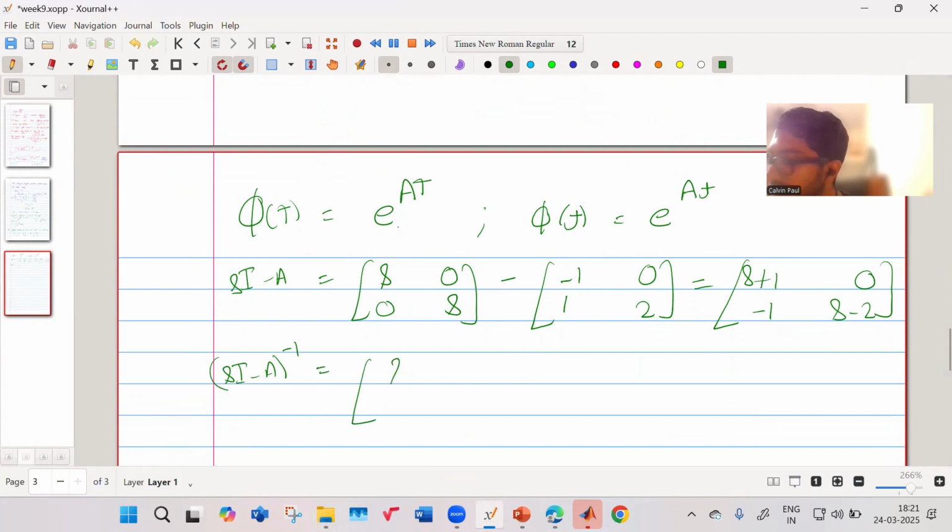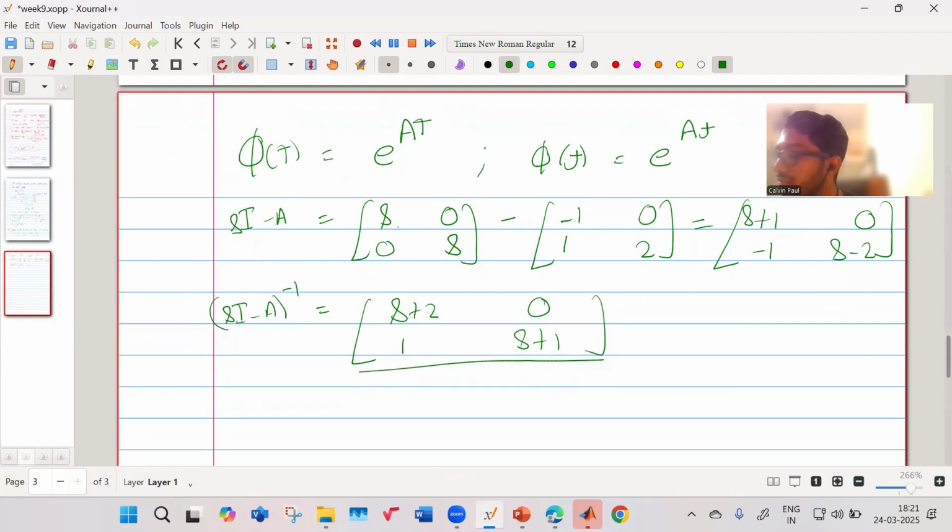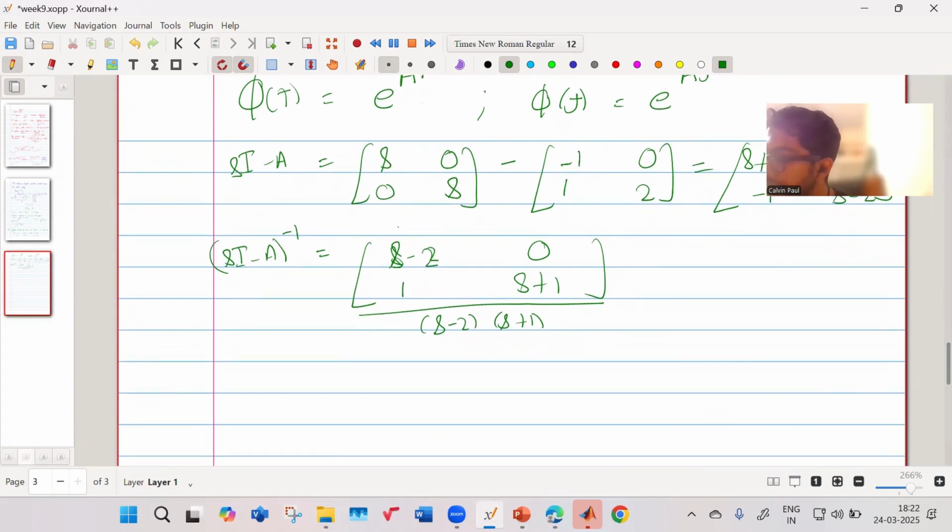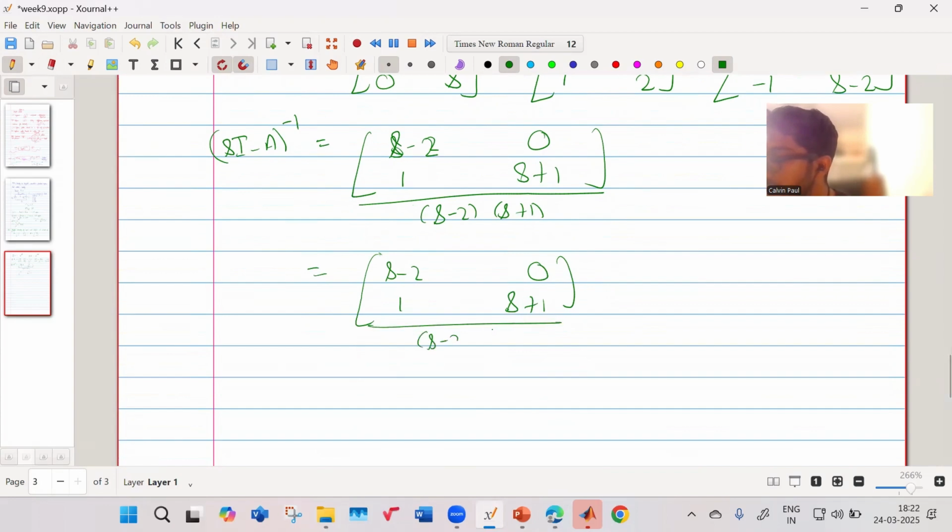The diagonal entries get interchanged, s-2 and s+1, 0 remains as it is, and minus of -1 is 1, all divided by the determinant, s minus 2 into s plus 1.